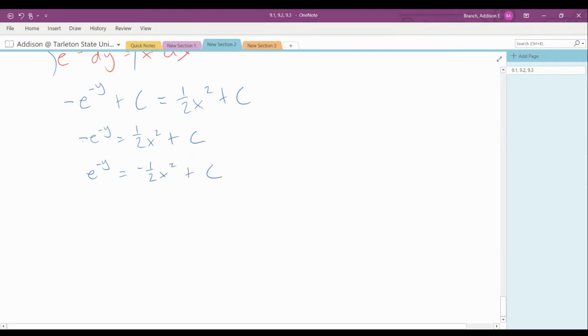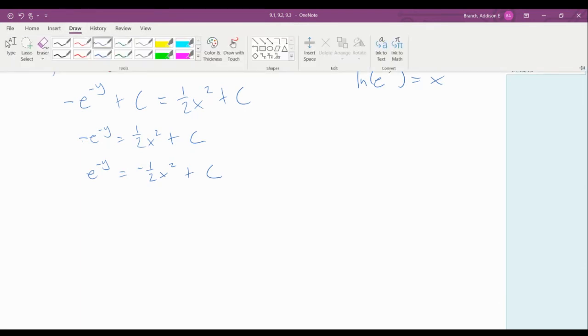Now we have this exponential that we need to get rid of. If we think back to our properties, we know that the natural log of e to the x is equal to just x, because the natural log and the e will cancel out. So we can take the natural log of both sides.